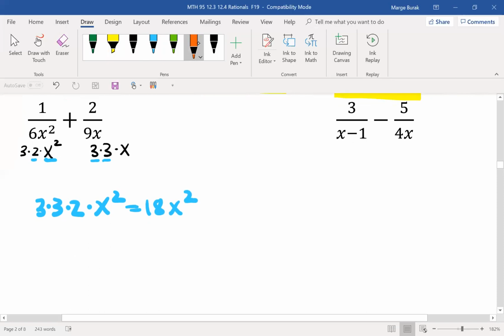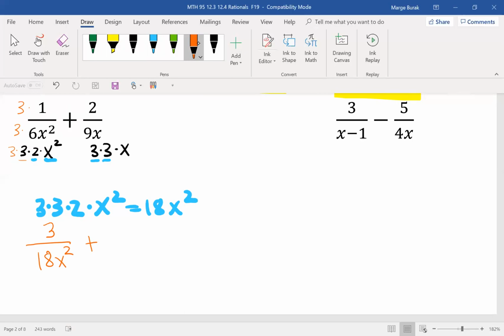So what is missing with 6 times x squared? And that is 18x squared. So I would need to times that by 3, because what's missing is the 3. See how we need 2 3s, so I need to add one more 3 there. So times that by 3 and times this by 3. And I get 3 over my 18x squared. Okay, and then you look at this one, you say, okay, what's missing?